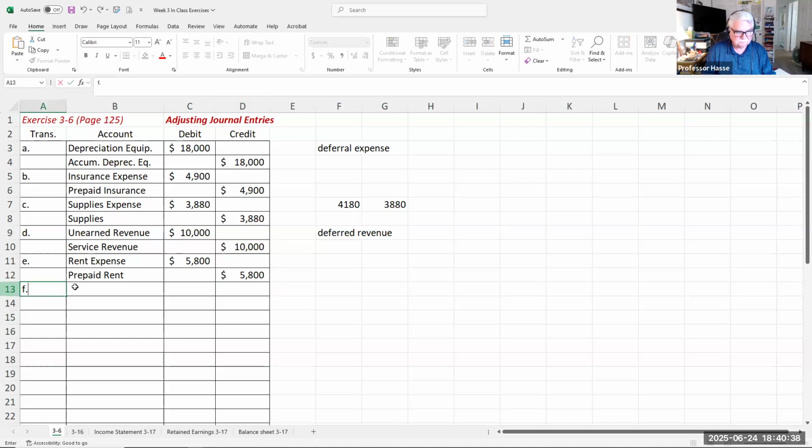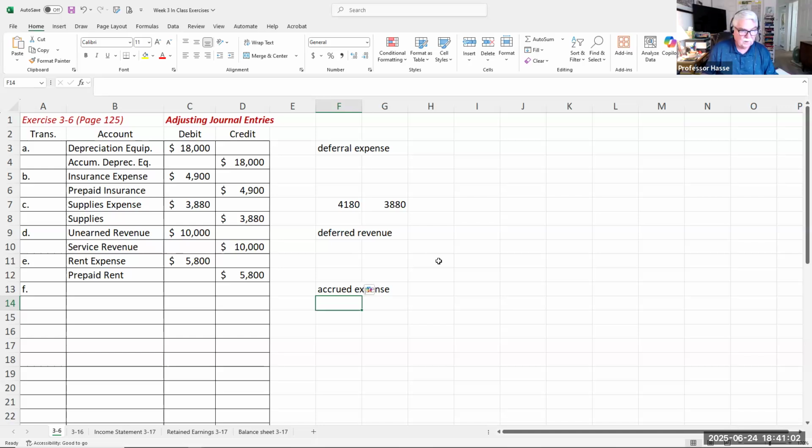Transaction F. Wage expense of $3,200 has been incurred but not paid on December 31st. This is an example of an accrued expense that we talked about earlier. An expense that has been incurred but remains unpaid.